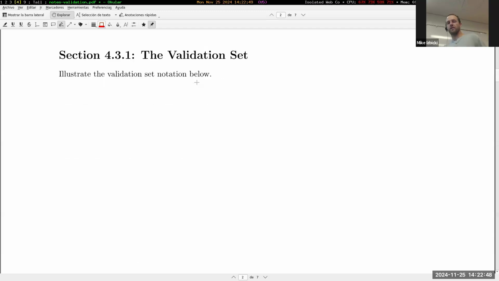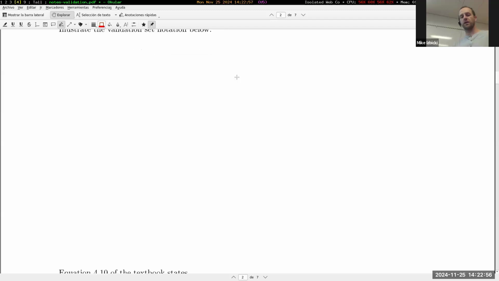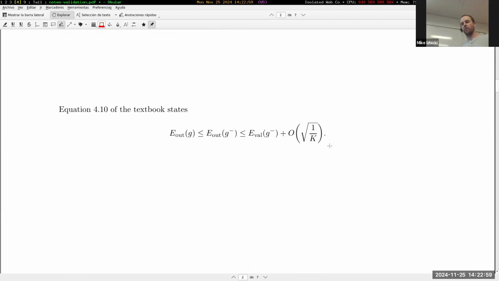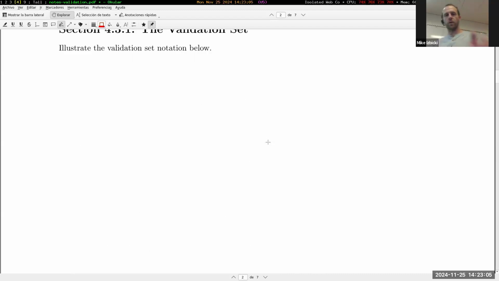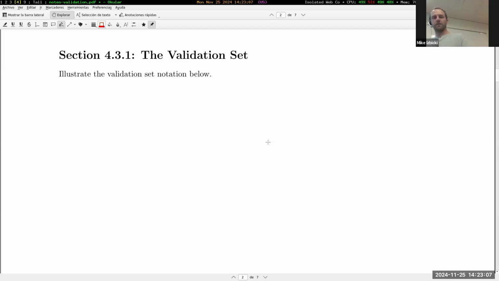For the next couple of pages, I have a lot of sections where it first illustrates the validation set notation, or whatever the notation is for that particular section, and then a formula that is the important formula about the notation, the key thing to understand. We'll probably have enough time today to talk about this first set of notation, and that's where we'll stop.